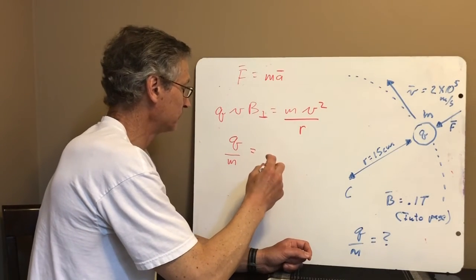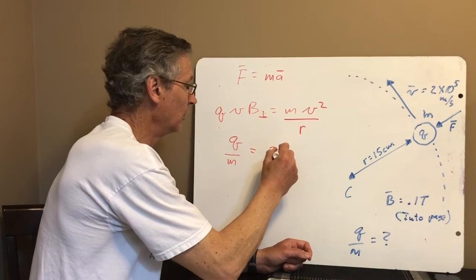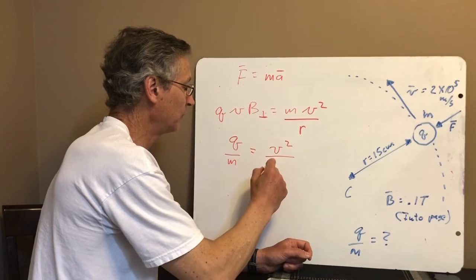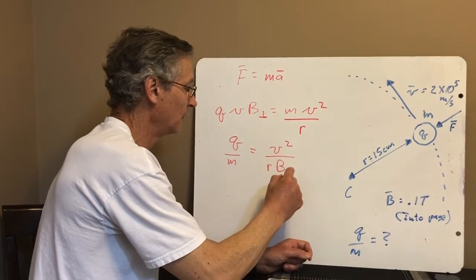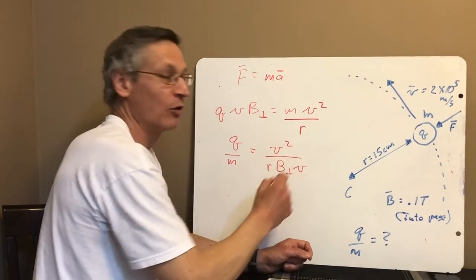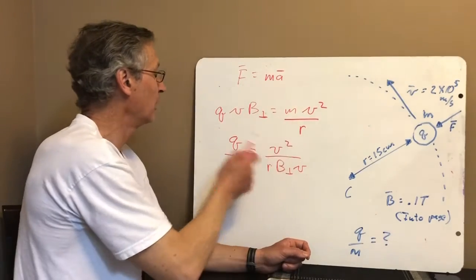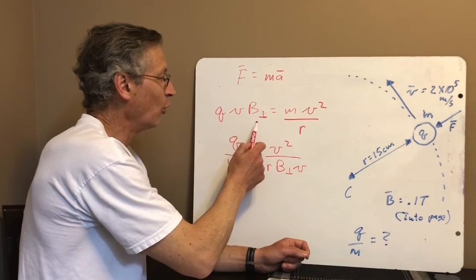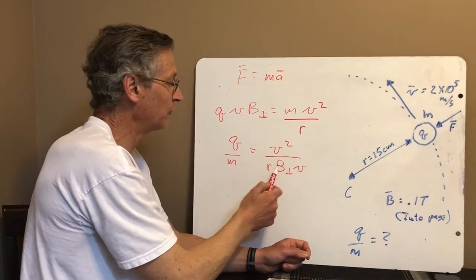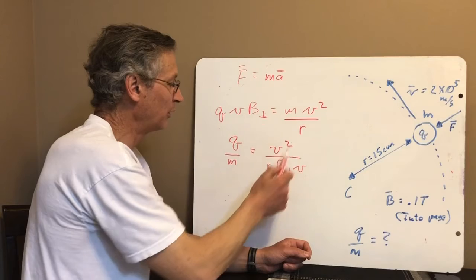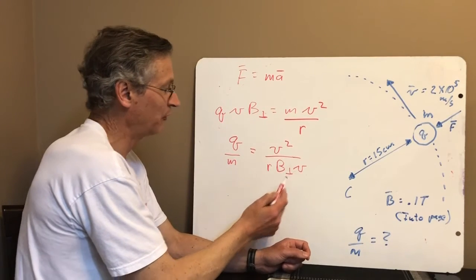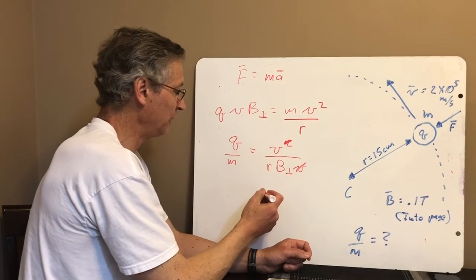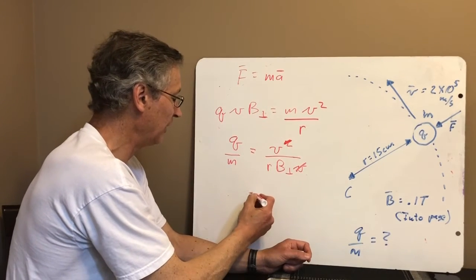And we are going to end up with something that looks like this. Okay, let me just check my work. M goes over the other side, goes downstairs underneath the Q. V and B go over the other side and they go downstairs. So we've got a V squared left on top and R left on the bottom. Okay, perfect. This V is going to annihilate one of those V's. And there is your answer.